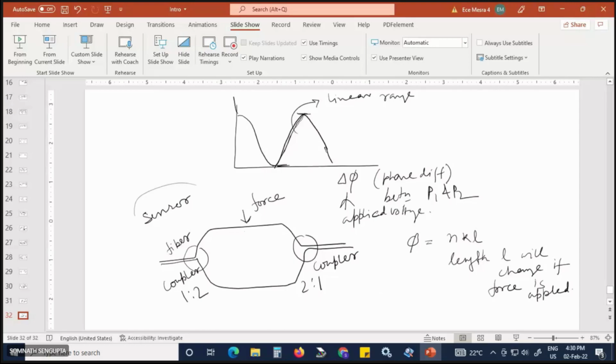So it may act as a sensor. The light output power will change according to the applied force.